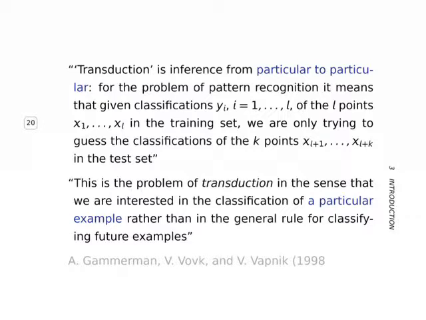We are interested in the classification of a particular example rather than in the general rule for classifying future examples. So as statisticians, usually we are taught to learn the rule and then apply it. So transduction as defined by Vapnik, you don't need this intermediate step, in fact.